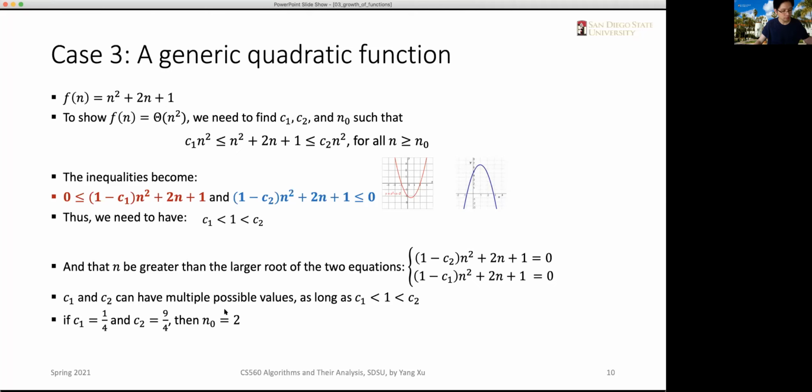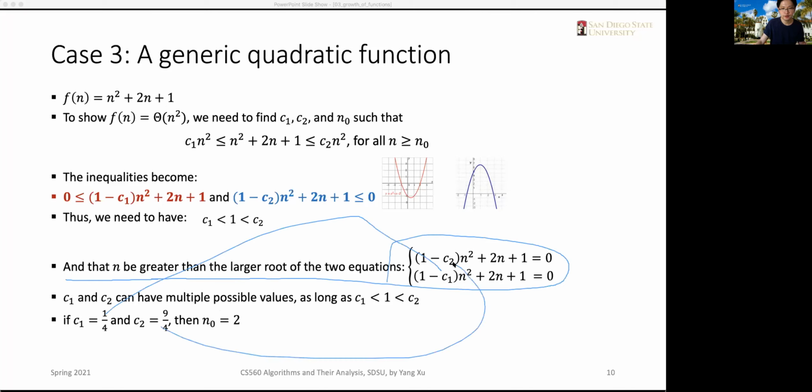Yeah, for example, it says here, as long as n is greater than the larger roots of the two equations, right? So if you substitute C1 into this second term and C2 into the first term here, you can solve the roots for these two quadratic equations. And then you find the larger root of the two equations. You will find that n0 should be 2.